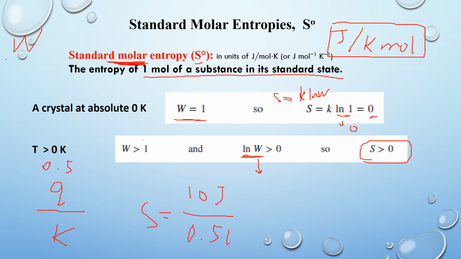This is the increment of temperature. So for this substance, the entropy at 0.5 Kelvin is equal to 20 joule per Kelvin. That's how it is determined or quantified. Normally we can do this until it reaches 298 Kelvin, which is about room temperature.